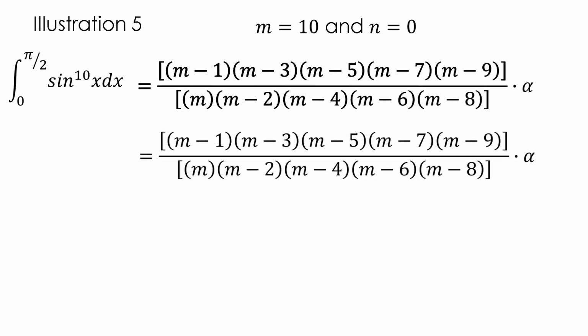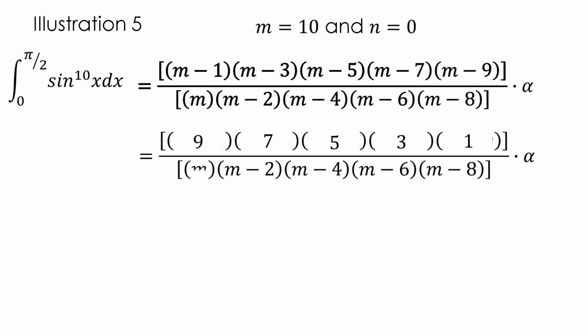If we substitute the values using the Wallis formula, m minus 1 is 9, m minus 3 is 7, m minus 5 is 5, m minus 7 is 3, and m minus 9 is 1.